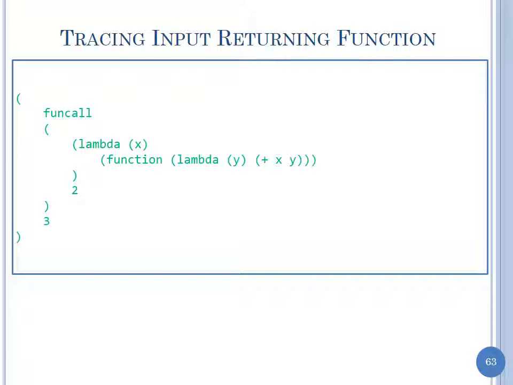Okay, so let's consolidate our understanding. We did this nested call when we had a lambda being returned. Now we are returning a closure of a function expression. Let's see how things change.